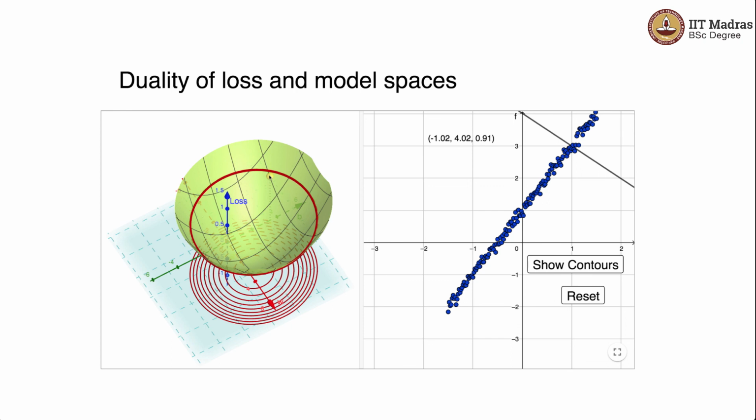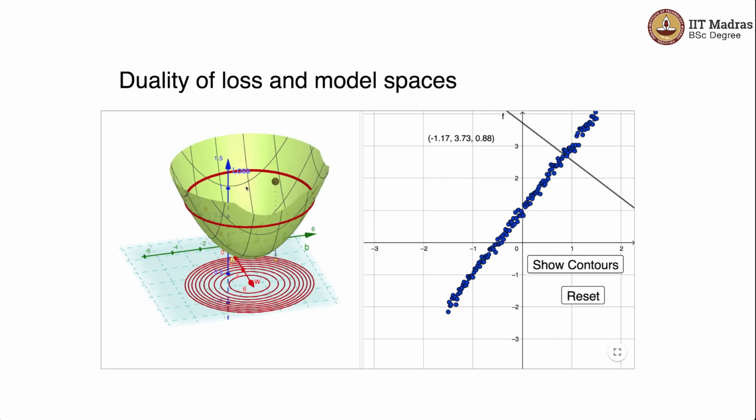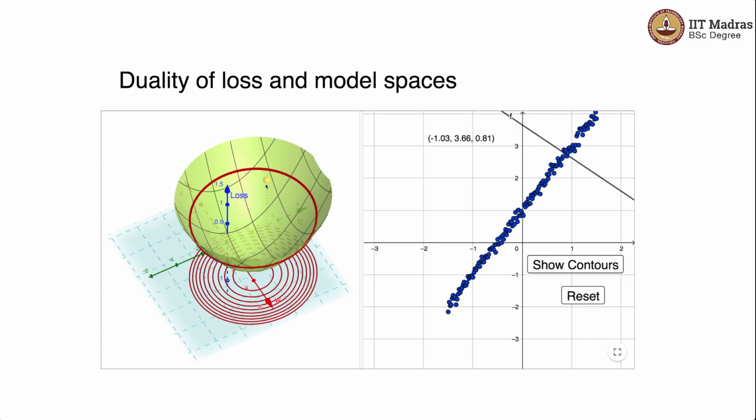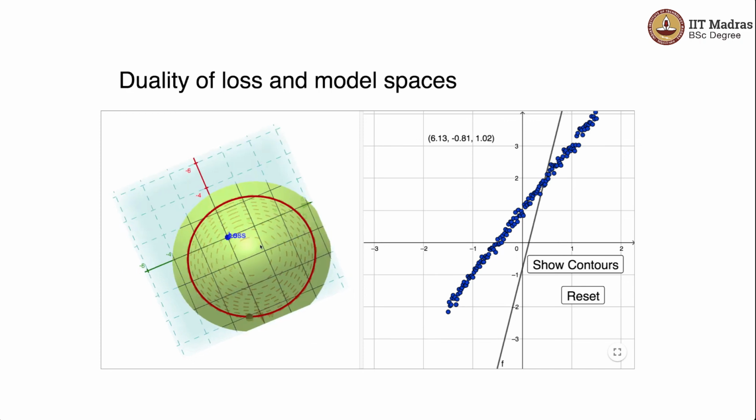So the takeaway message from this visualization is that the model is a point on the loss surface, and as we move in the loss surface, the loss changes as well as the point changes, right? And we obtain the least loss when we move closer to the bottom of this bowl shaped surface. Got it?